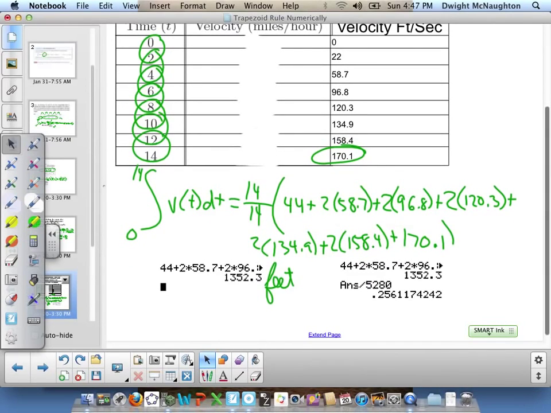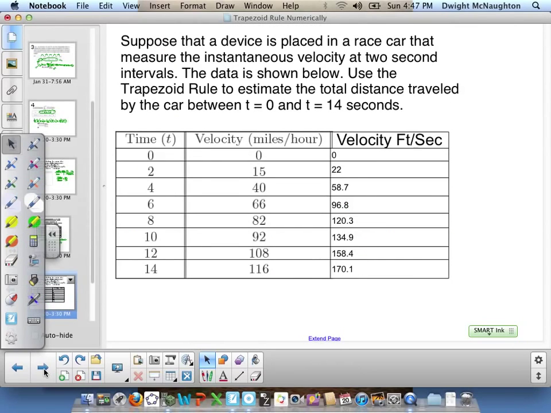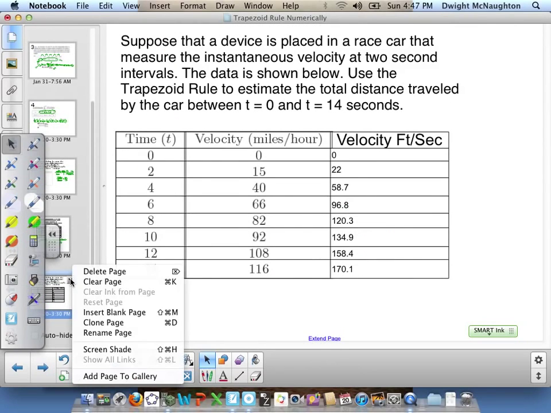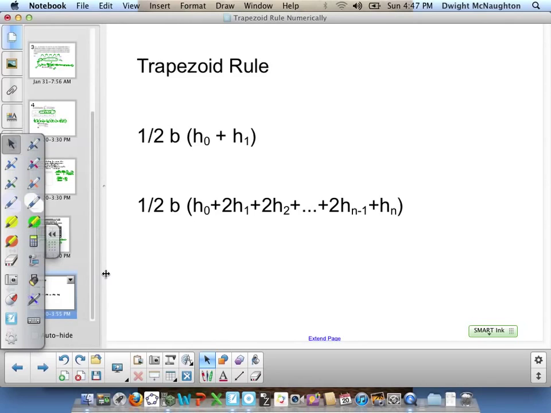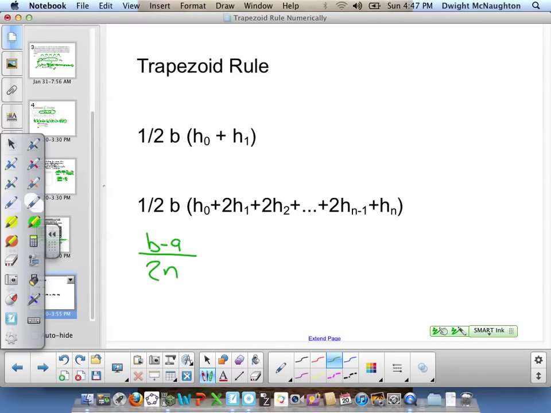All right, so in review, trapezoid rule. Find the area of each trapezoid and add them all up. If all your trapezoids have the same base, you can do B minus A, upper limit minus lower limit, over twice the number of trapezoids.